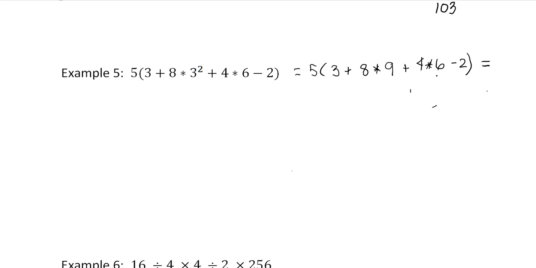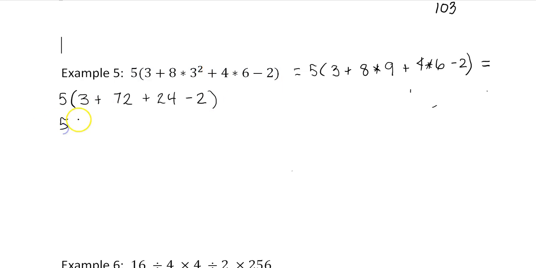So I've got 5 multiplying the 3 plus, this is 72, plus 24 minus 2. All right. So here, if I take a look, I've got 75.